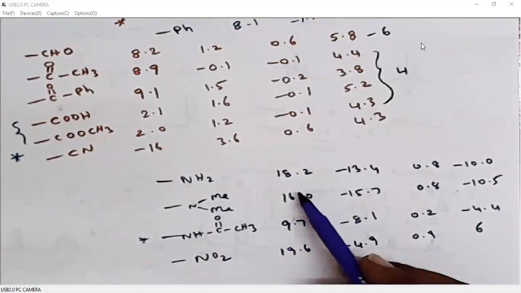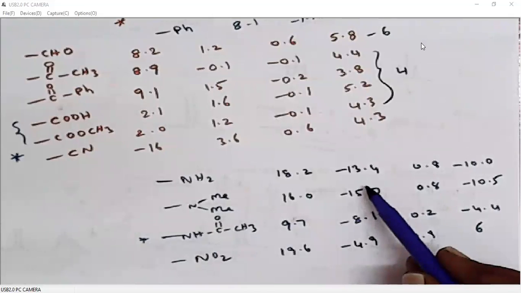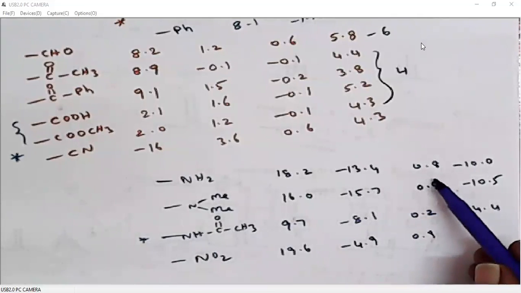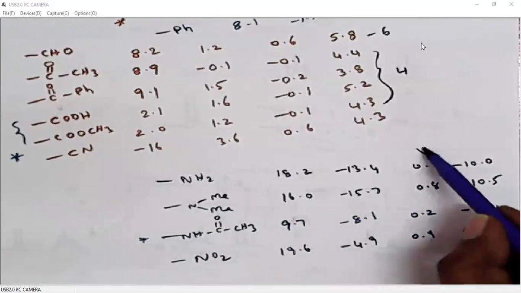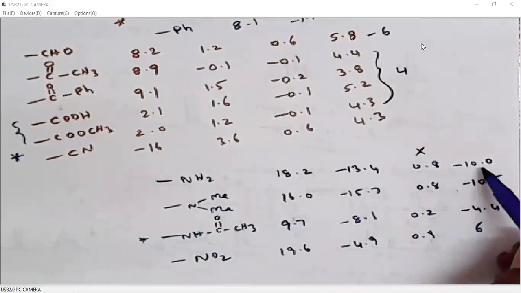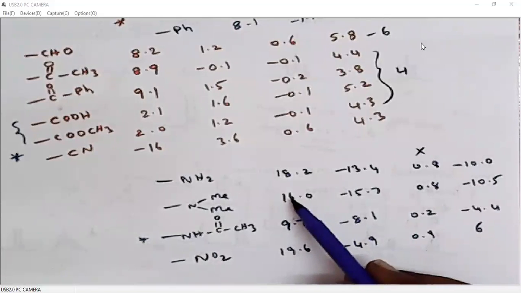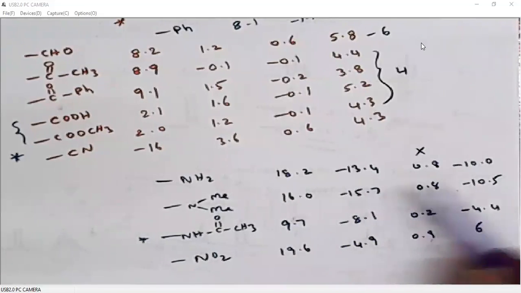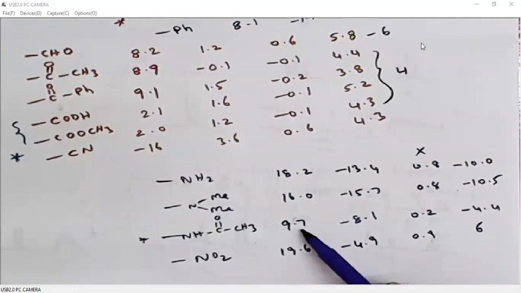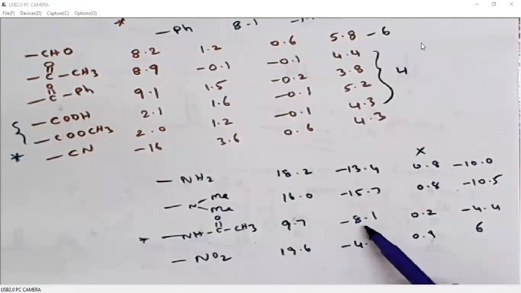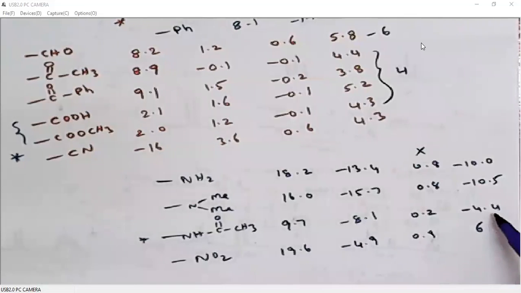We will add 20 for alpha, minus 15 for ortho, meta we will ignore, then para minus 10. So 20, minus 15, and minus 10. For amide, take 10, minus 10, minus 5. Similarly for nitro, 20, minus 5, plus 6.